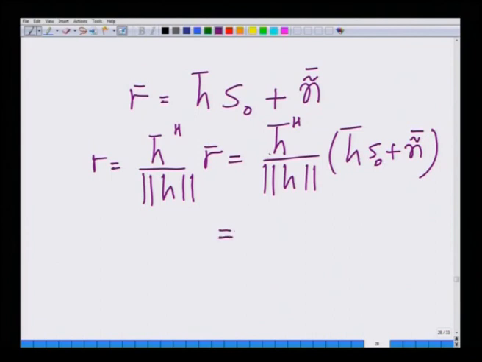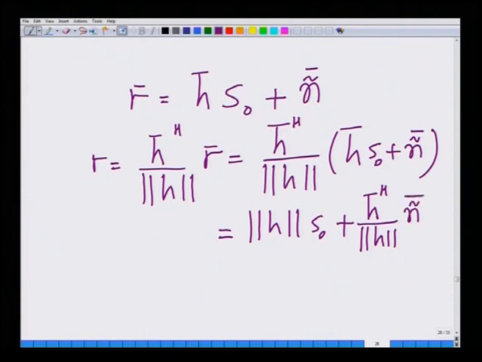This is nothing but H bar Hermitian H bar, which is norm H square, divided by norm H. So, this is norm H into S0 plus H bar Hermitian divided by norm H into n tilde bar.